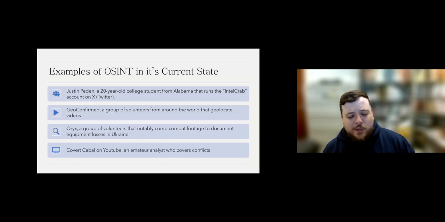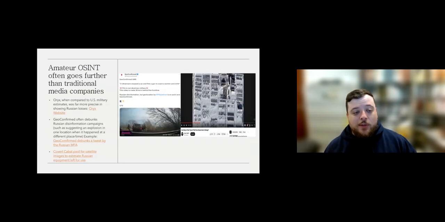Here's another example too: a guy named Covert Cabal. He kind of does the same thing, just an amateur analyst, and covers a lot of conflicts as well. So, I mentioned this prior, Oryx is often cited when talking about Russian military losses or Ukrainian military losses.